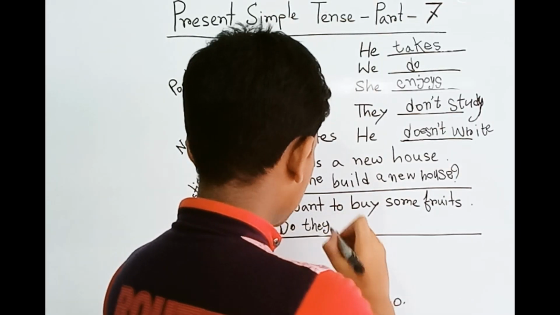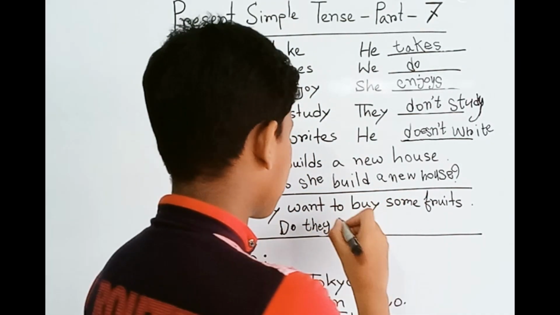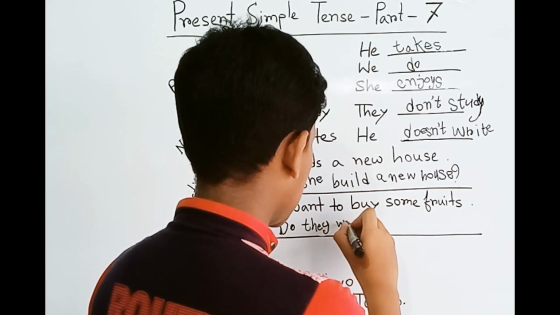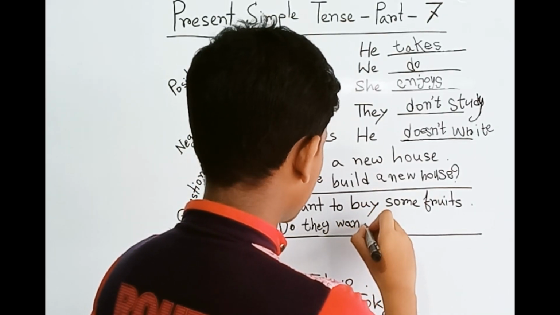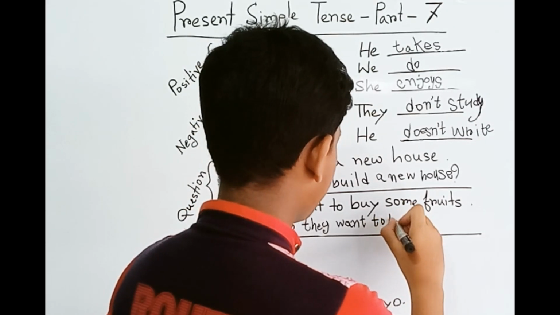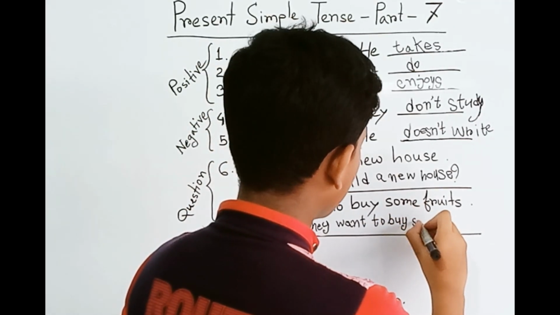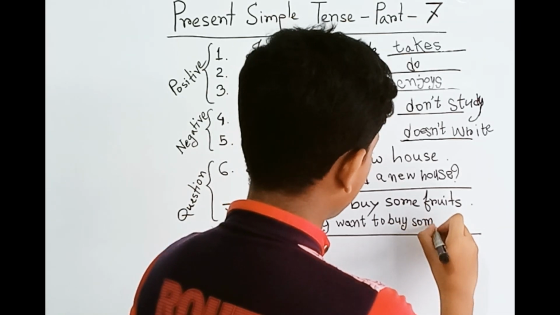T-H-E-Y, they. Do they want to buy some fruits? We can write after this: do they want to buy? B-U-Y, buy some, S-O-M-E, some fruits.